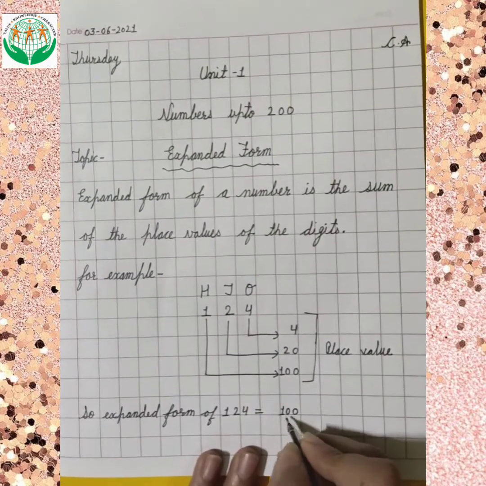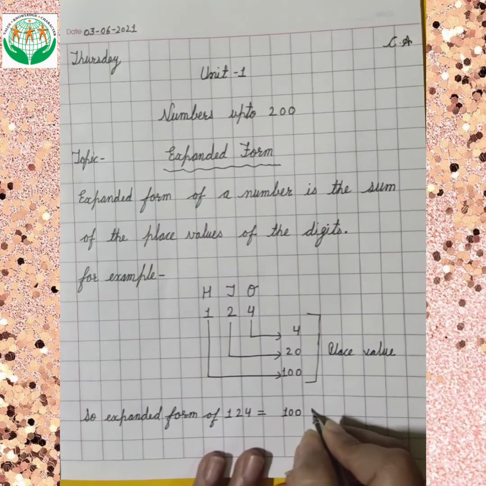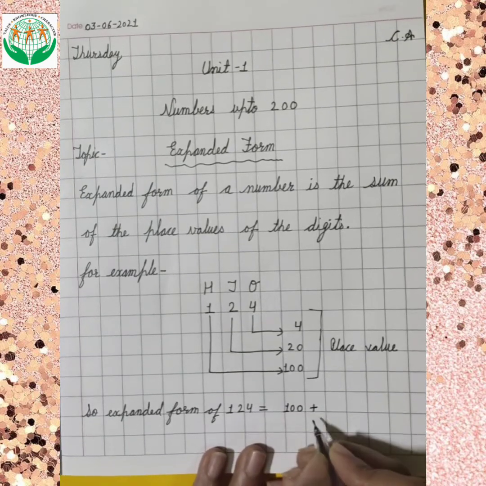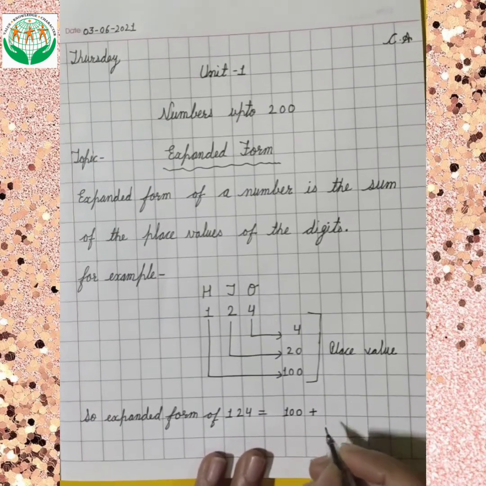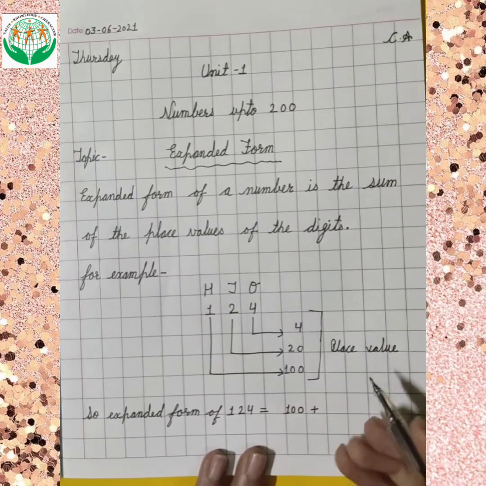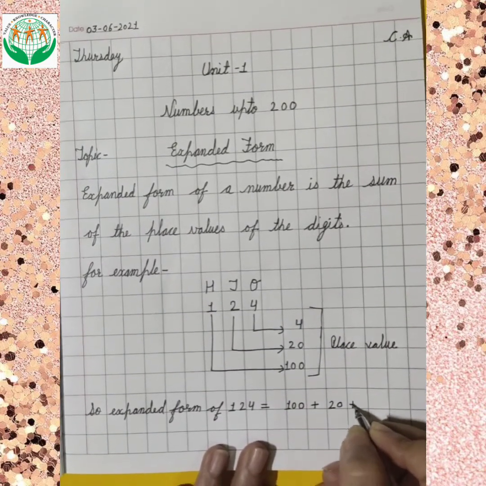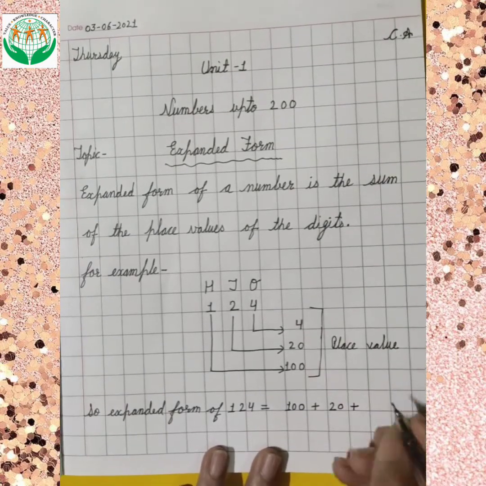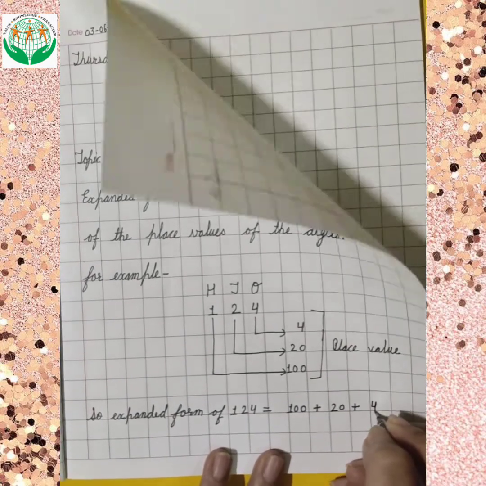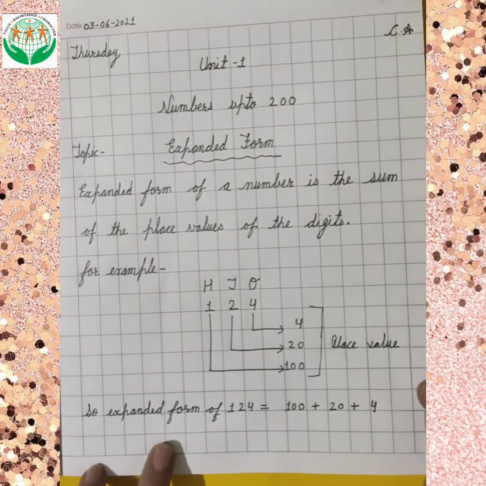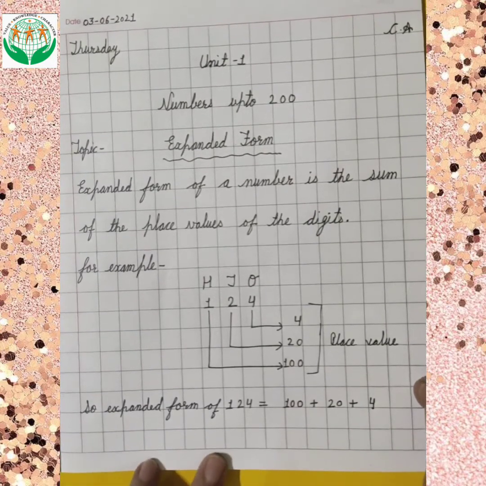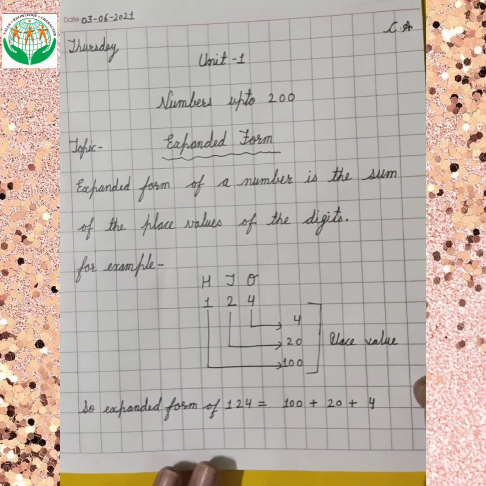So 100, then we will put the symbol of plus, then 2 tens, so 20, then again plus symbol, then 4 ones, so write down here 4. So beta, this is the expanded form of 124 in figures, means in numerals.